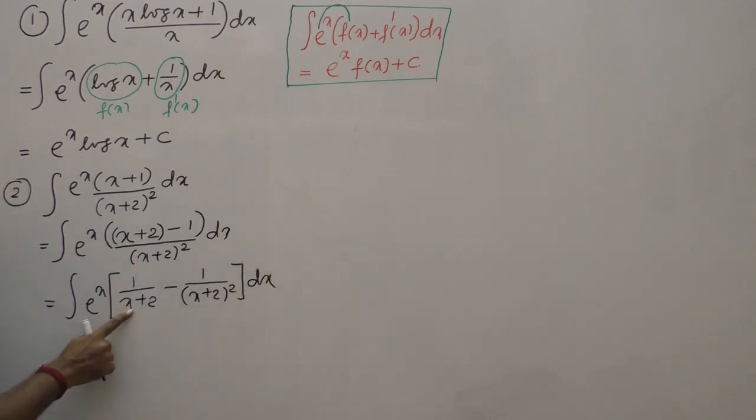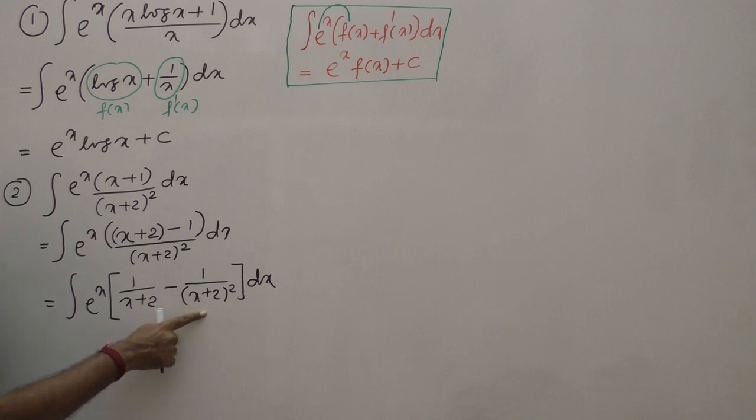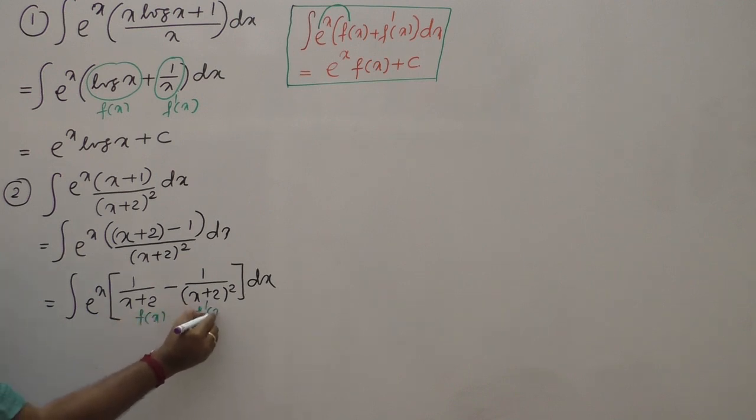Now see, this is of the form 1 by x, whose derivative is minus 1 by x square. What is x plus 2? Linear. For linear, what is its derivative? 1 only. So this is exactly f of x and this is its derivative.